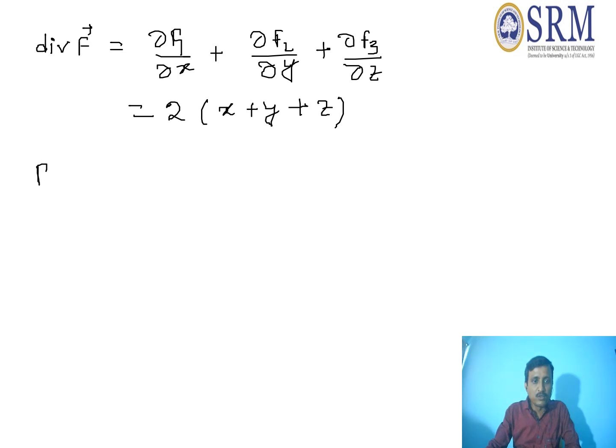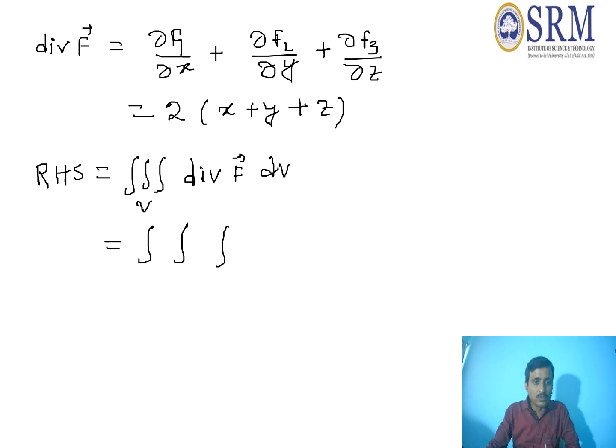Let us find the RHS value, because that volume integration we have just discussed in the previous question. So let us find the volume integration value. We know it is the integral of divergence of F dV. You substitute the divergence of F and the limits of x, y, z: x from 0 to a, y from 0 to b, and z from 0 to c.